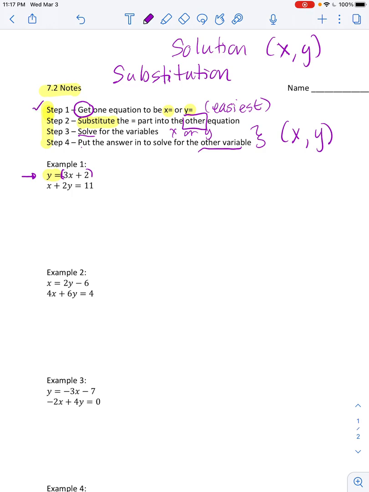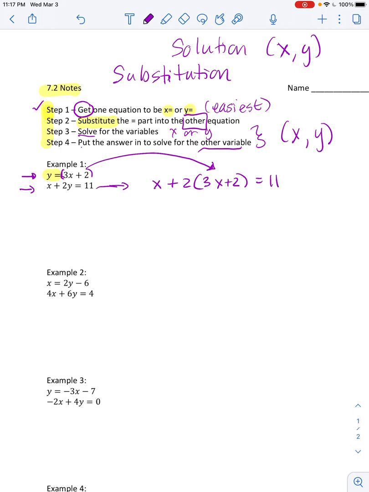Now we're going to substitute that part into the other equation. So now we need to use this equation, and we're going to rewrite it, x plus 2, but where there used to be a y, you are going to substitute in what we learned y equals, which is 3x plus 2. And then equals 11.